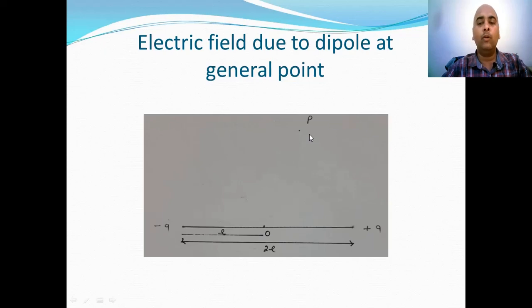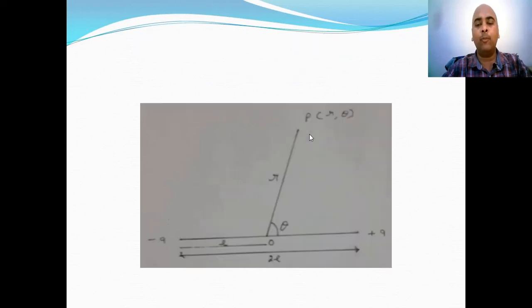In order to find the electric potential at point P, we consider the location of point P in spherical coordinates. That is, from the center or the reference point, the point P is at distance r and it makes angle theta with the axis of the dipole.